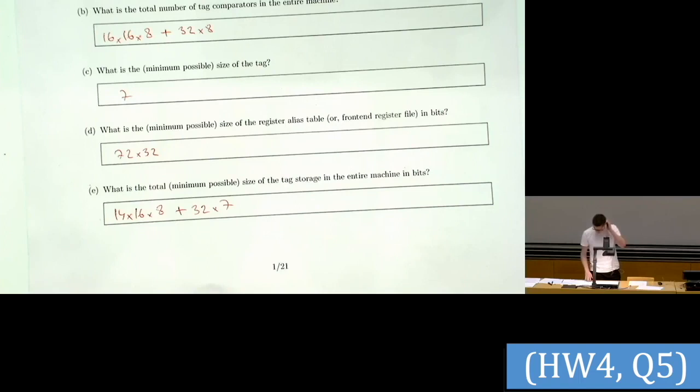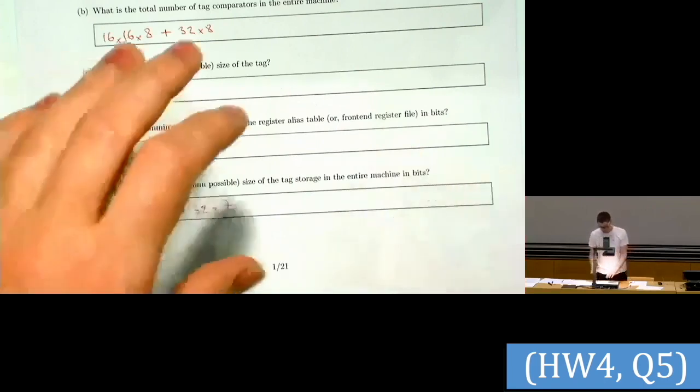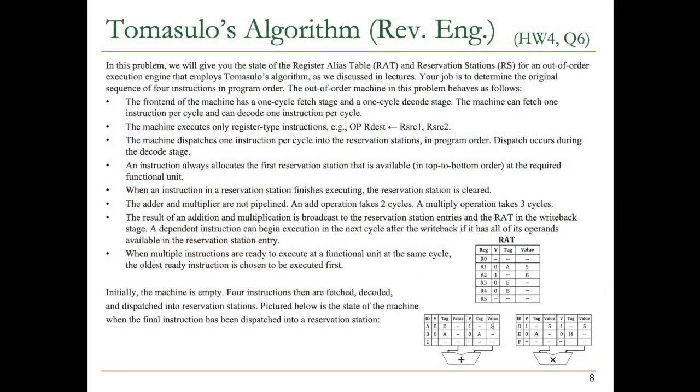Is this the total minimum size of tag storage in the entire machine in bits? Okay. Everything clear? I think this was a relatively simple question.